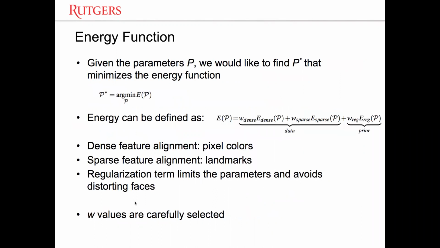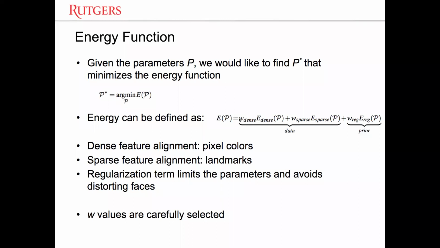The energy function can be defined as follows. It's called energy, but I would say it's the difference between the two images. So we're going to minimize that difference. The energy function can be defined as a dense feature alignment term, a sparse feature alignment term, and some regularization over the alpha, beta, gamma parameters.